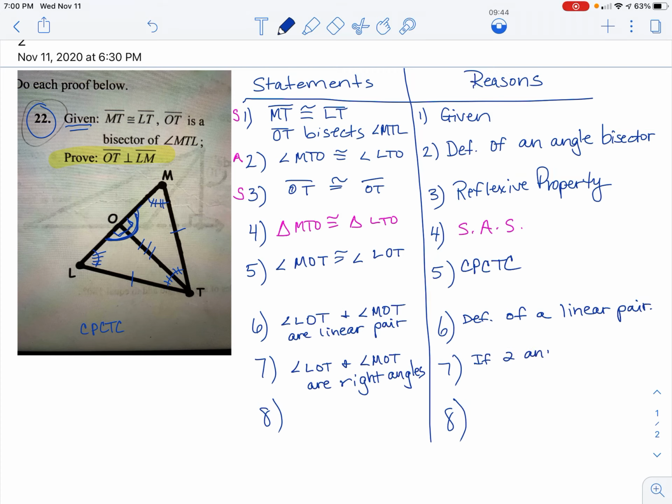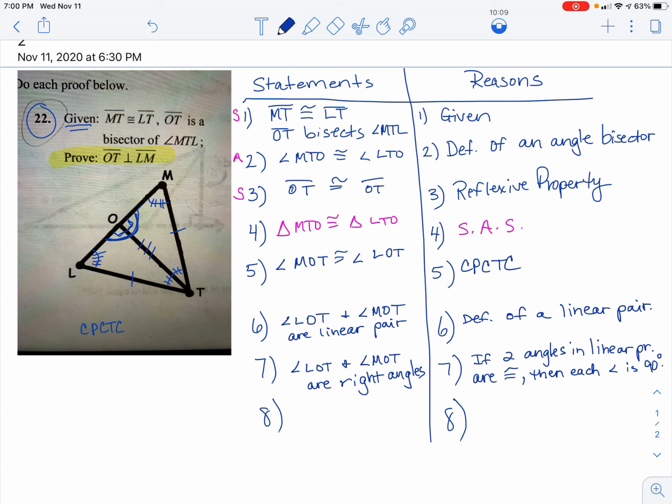So if two angles in a linear pair, and I'm going to do some abbreviating here, are congruent, and I'll put the little symbol for congruent, then each angle is 90 degrees. Okay, which brings us to our final step.